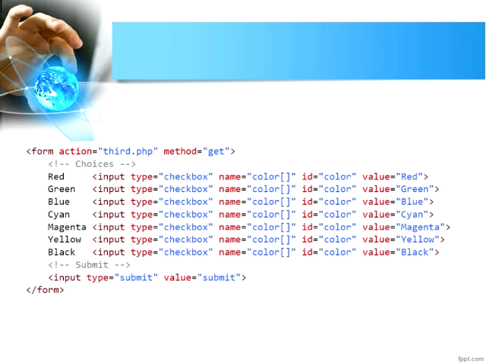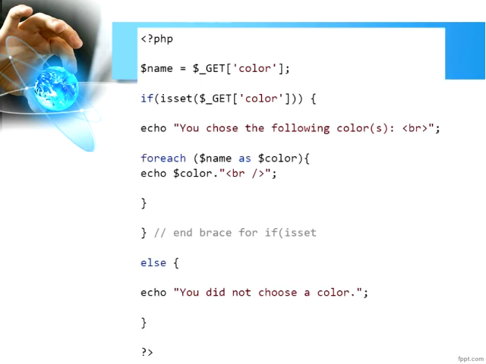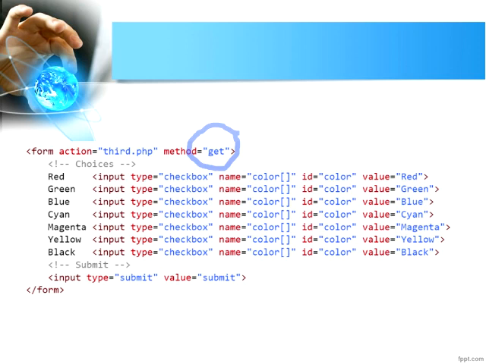Good. This is another example. So Mr. Walid, here, for example, we choose the method equal get, not post. So in PHP code we must use $_GET and not $_POST. And in this example we also use the same name for all checkboxes.